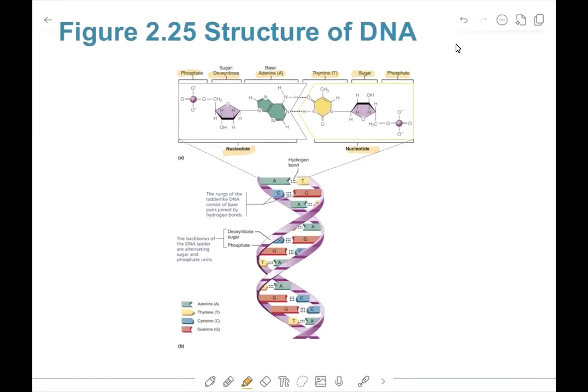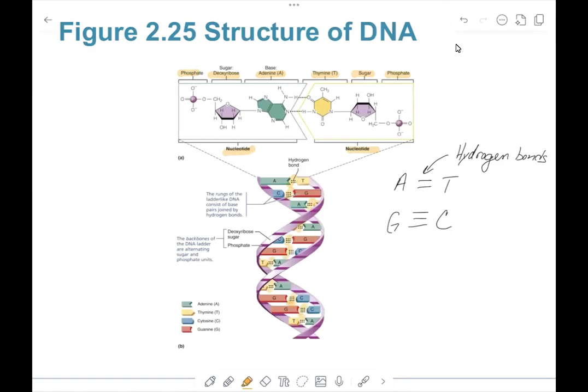In this case, there are two hydrogen bonds between adenine and thymine. In the case of guanine and cytosine, there are actually three hydrogen bonds, which really should be drawn with just dashes because they're really just weak attractions, as you have learned by now.